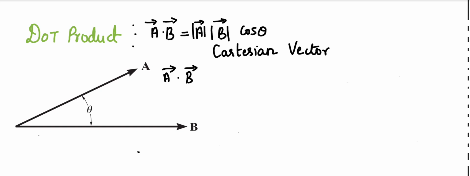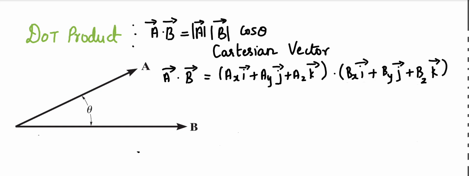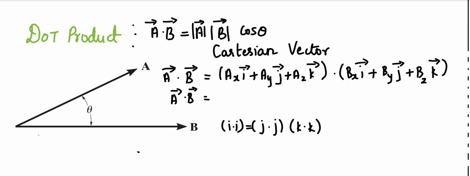So let's take two vectors represented in a Cartesian way. You can see here, I am carrying out the dot product between these. So I have to multiply i dot j, i dot k, all of these. Let's separately multiply what i dot i, j dot j and k dot k result in.